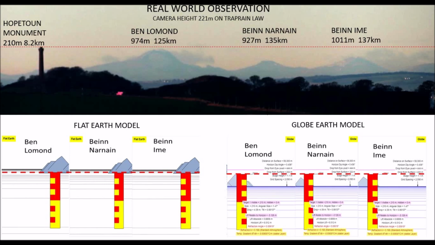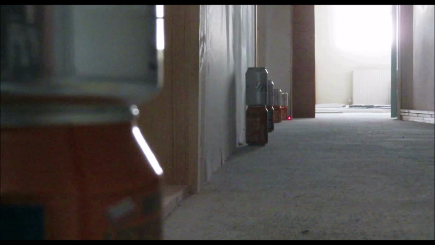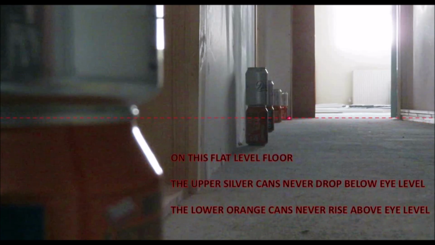And we can also test the assertion that anything 210 meters or taller that is further away from the camera than the Hopetoun monument should be above the line. We can test that using objects over smaller scales on flat surfaces. So here I've lined up some soda cans.